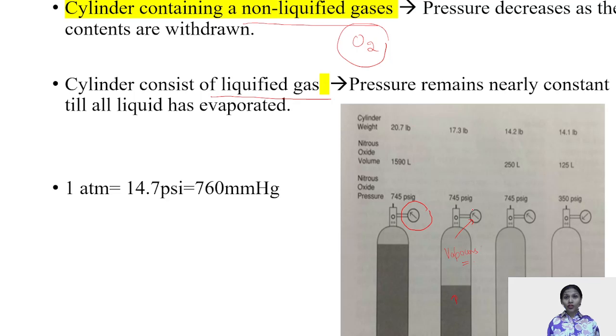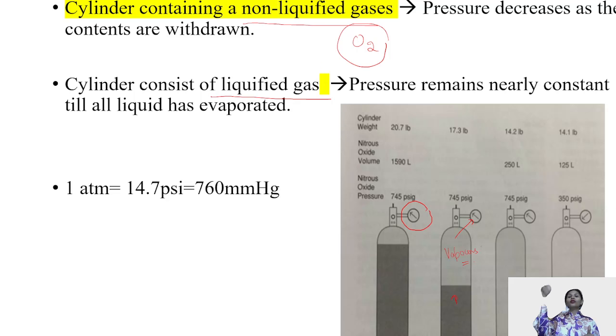This vapor pressure is going to remain constant till the liquid has finished. So eventually the pressure in the gauges will decrease only when the whole of the liquid has already been finished, because the liquid and vapor are always in equilibrium with each other.